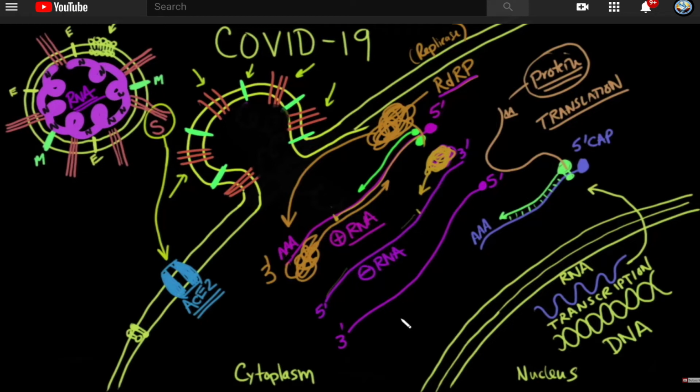Well, when you get these shorter RNAs, these are known as subgenomic RNAs, or sgRNAs. And some of them are positive, and of course, some of them are going to be negative because they're complementary. And this viral RNA-dependent RNA polymerase will just make more sgRNAs or negative sgRNAs. Well, guess what?